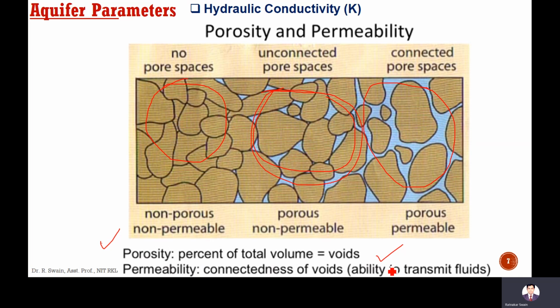How the voids are connected is important for permeability. For example, clay and sand: clay porosity is very high compared to sand, but in clay there is no connectedness of the pores, so the permeability or hydraulic conductivity of clay is very less. In sand, porosity is less, but hydraulic conductivity and permeability are more.